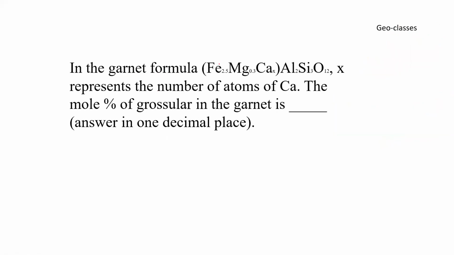Now for the garnet, and these are very basic questions. We solved this in the last session, but we'll see it once again. You have to calculate here for X in the garnet formula, Fe, Mg in this one, and for Ca, the mole percentage of grossular, and grossular contains Ca3, and here we have Cax.